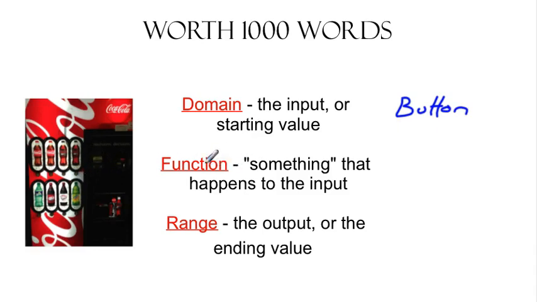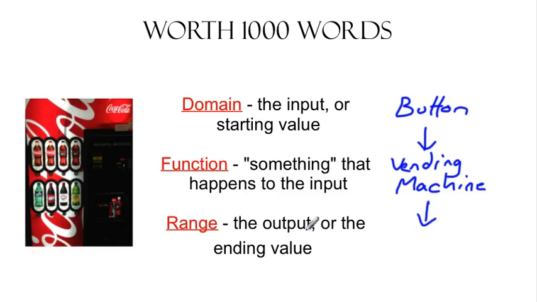The function is the stuff that happens to the input. So that's the vending machine itself. And again, we may or may not care what goes on behind the scenes, but there's some input, a button that I press, and that goes into the vending machine, and some magic happens, whatever that magic may be, and then something comes out.